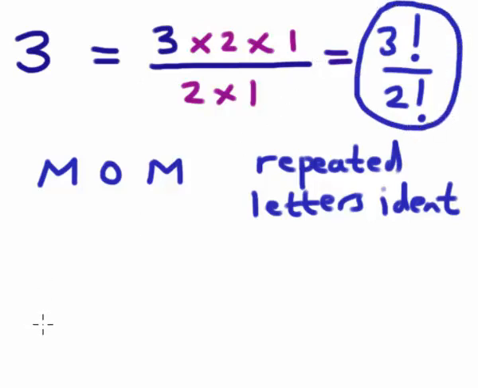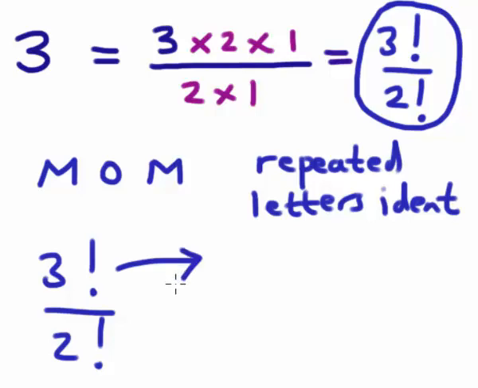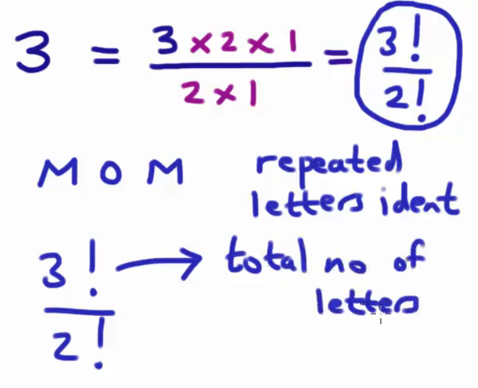Now, look at this. In this number 3 factorial over 2 factorial, which is actually still 3, the numerator, the number on top, represents the total number of letters in the word mom, which happens to be 3, so you go 3 factorial. The 2 at the bottom represents the fact that the letter M is written twice.